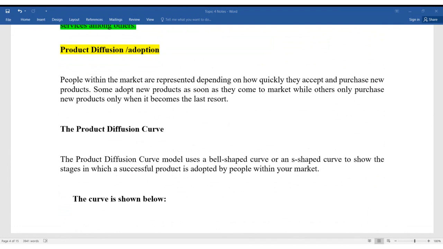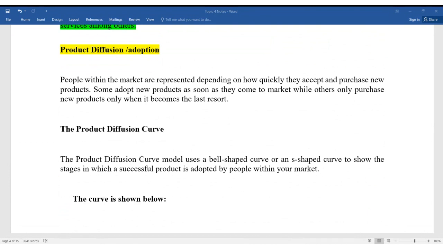So we're going to look at a curve that helps explain the diffusion of product, to help us understand how important it is.